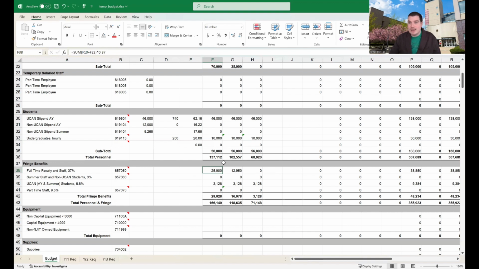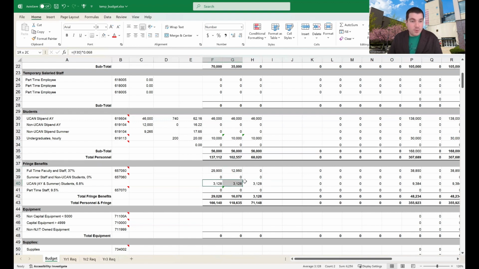Summer salary does not have fringe applied, which is because we have health insurance throughout the entire year that's baked into our baseline salary, right? And so you don't charge fringe on top of that. I don't get extra health insurance for summer salary, is basically the reason. So this is really just for the postdoc.